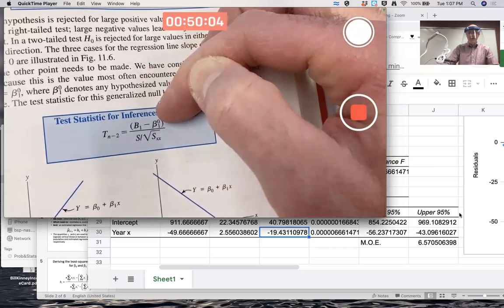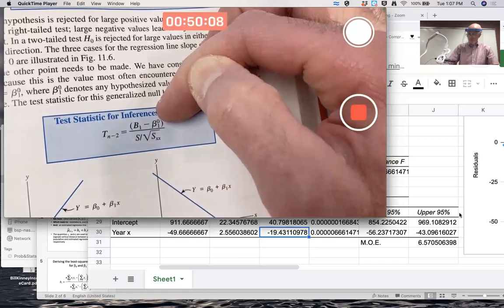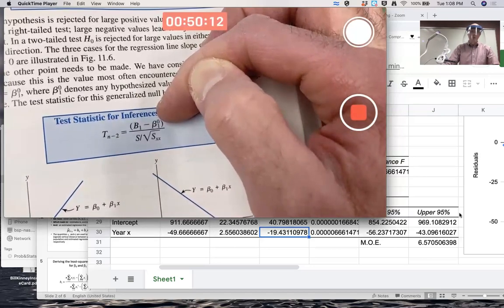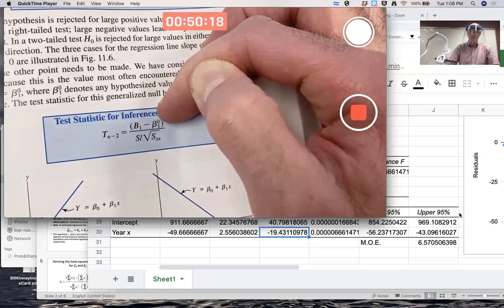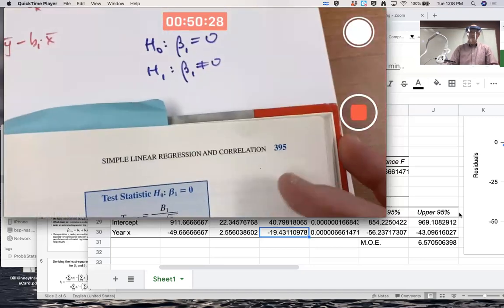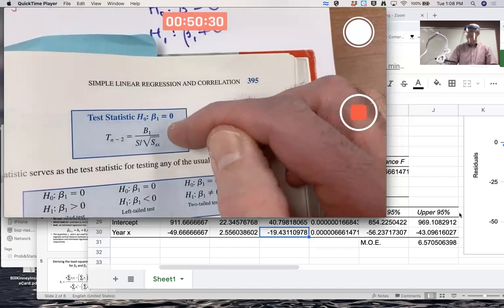Subtract, what's this? Beta 1 superscript 0? What is that, beta 1 to the 0 power? No, it's not beta 1 to the 0 power, because if it was 0 power, that would be 1. That superscript there, that 0 is not a power. It's just telling you it's the null value of beta 1, which is 0 for the only test we do, and therefore, there's the simplified version of the test statistic.